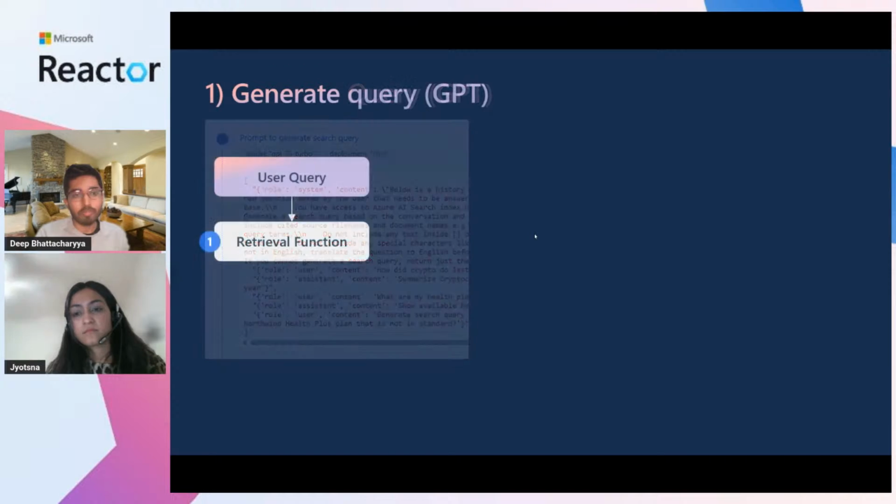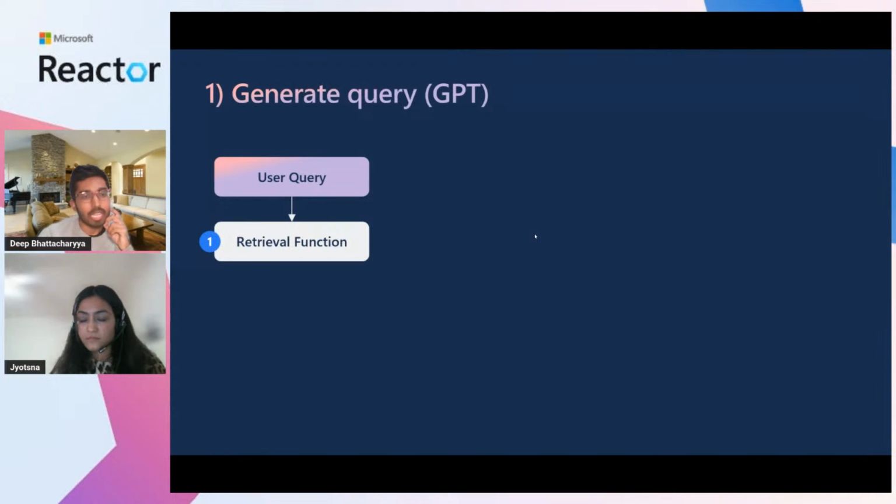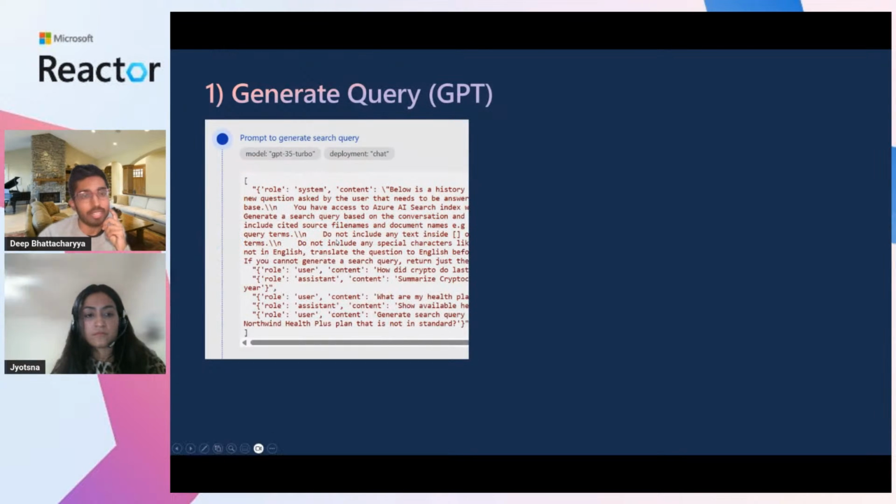Let's go through a bit more of a deeper dive on each of those steps. When you send the query, that query then goes into the retrieval function that Jyotsna was talking about. What does that actually look like? Here we've got, let's generate a query from this prompt that the user has given us.